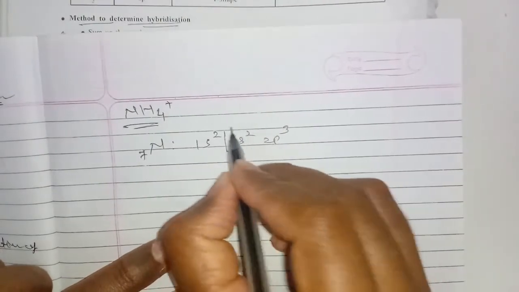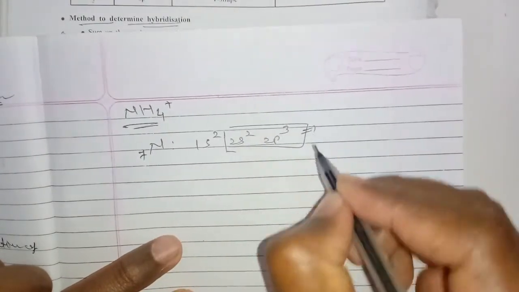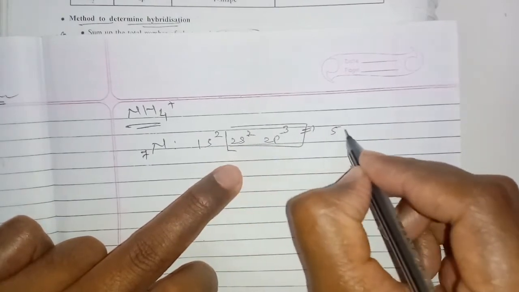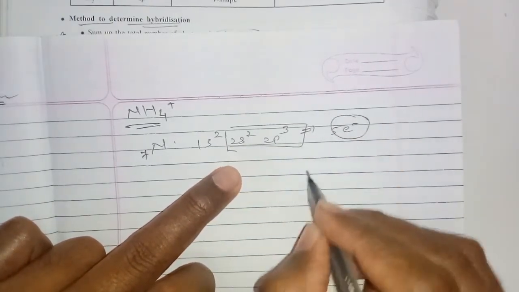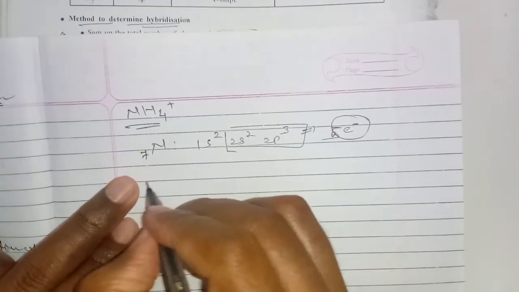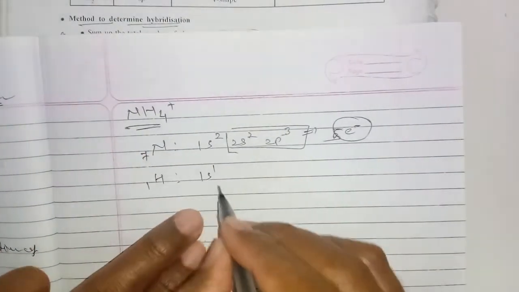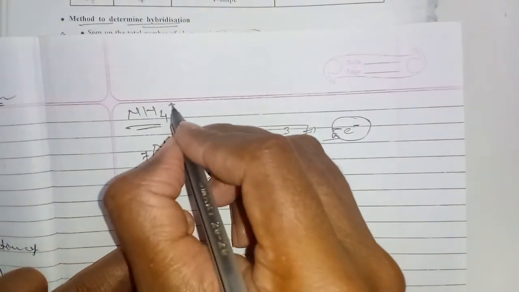So in the valence orbital there are 2 plus 3, 5 electrons. And hydrogen is 1s1, and the ion is plus.